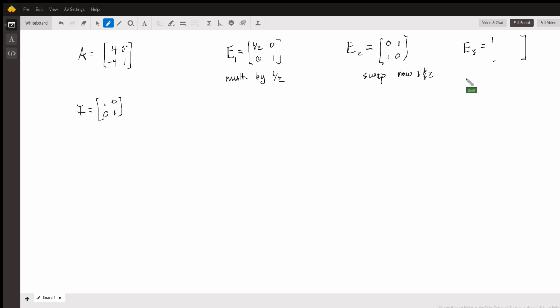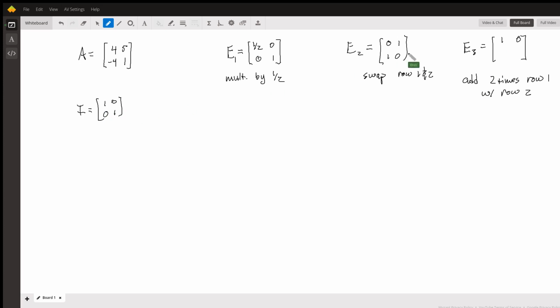But if we wanted to say add 2 times row 1 with row 2, so we're taking row 1, multiplying by 2, and adding it to row 2. That's what we're doing in the identity matrix as well, except we're not changing row 1. Row 1 is staying the same. So we have 1, 0 here. And then in the second row, we take 2 times the first row and add it to the second row.